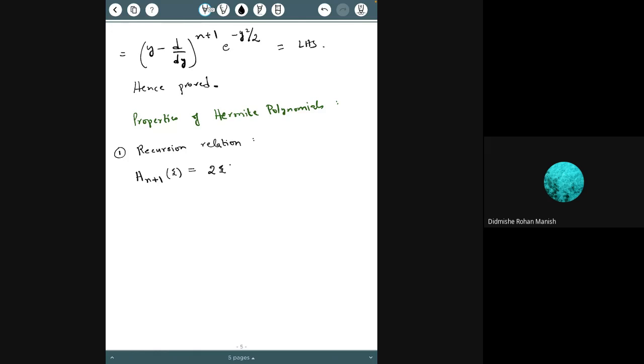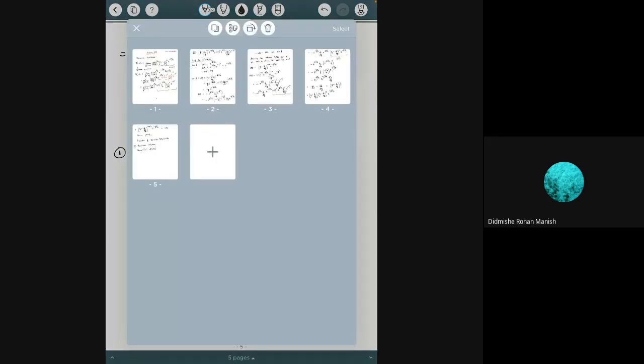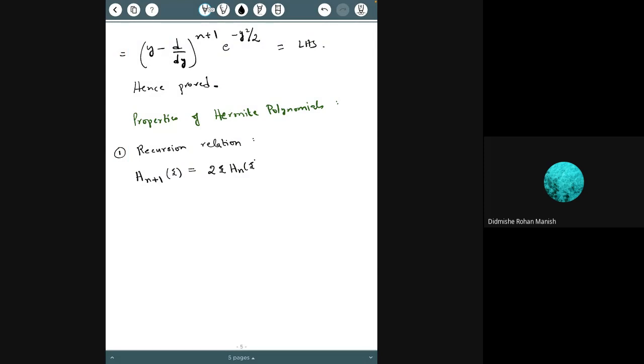So it's 2 xi Hn(xi) minus 2n H(n minus 1)(xi). You can try with some typical Hermite polynomials to verify this. This is something you can be asked, for example, in a test, that you verify this relation for some H2 or H3 or whatever.